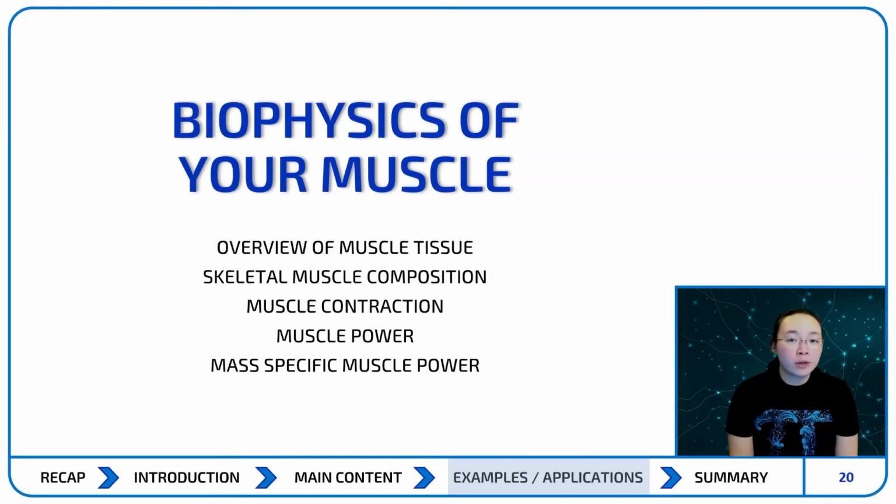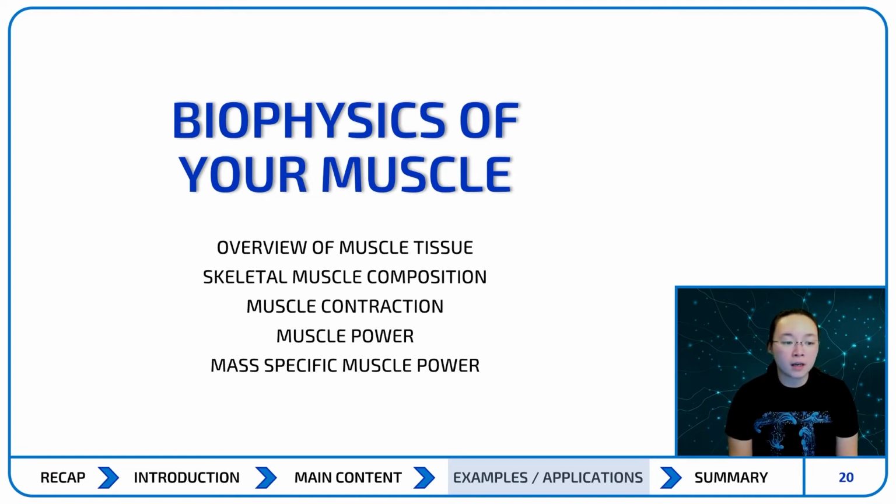Okay, so now I want to move on to the next application, which is one of the most important applications in biomechanics. It's muscle and muscle contractions. Because so much of biomechanics is based on movement of the body, you cannot move without your muscle tissue. So we're focusing quite a bit on the structure and the characteristics of different muscle tissues, and then fine-tuning our studies to skeletal muscle composition, and then taking a look at muscle contraction.